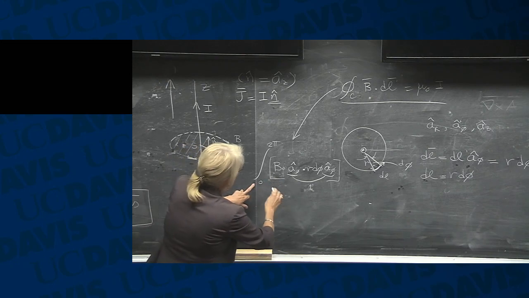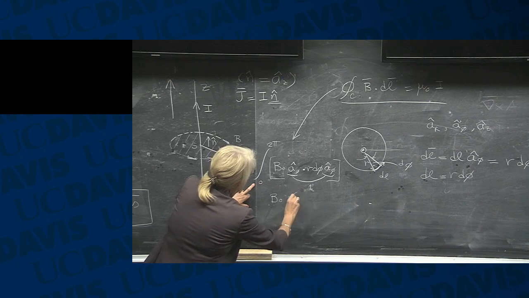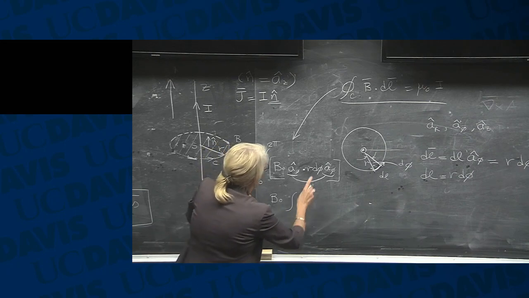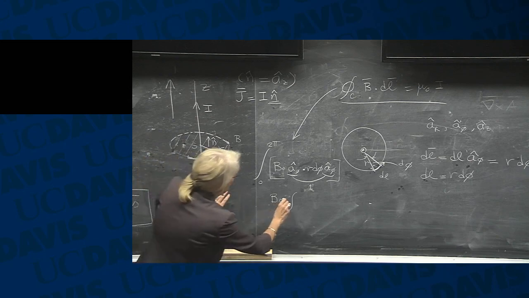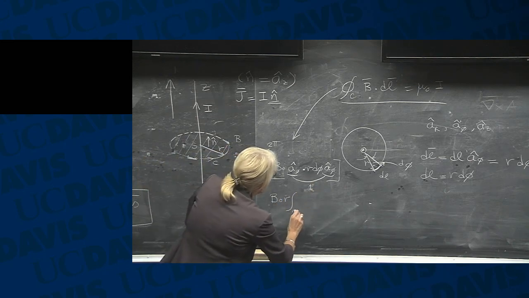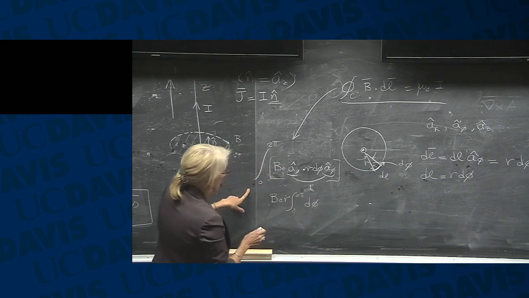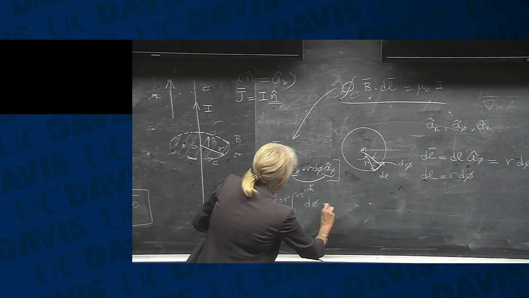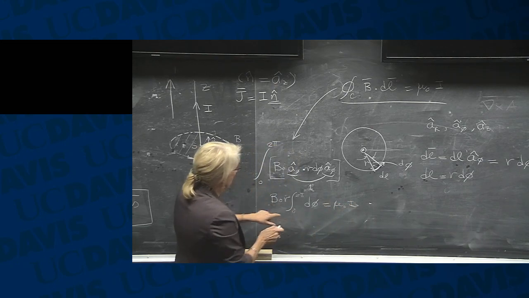So practically we have, this is constant, we take it up front. And this is a constant too, because we are on a circle whose radius is r. And then we have only the integral from 0 to 2 pi of d phi. And that is equal to mu naught I. So how much is this one?